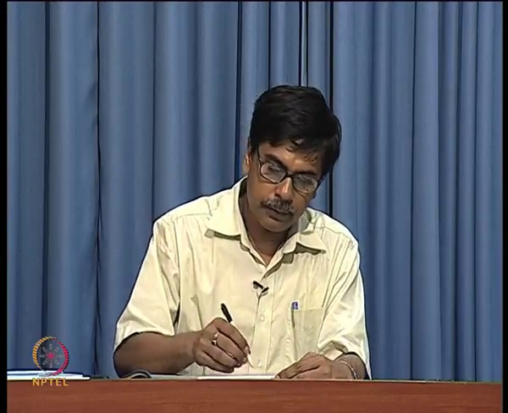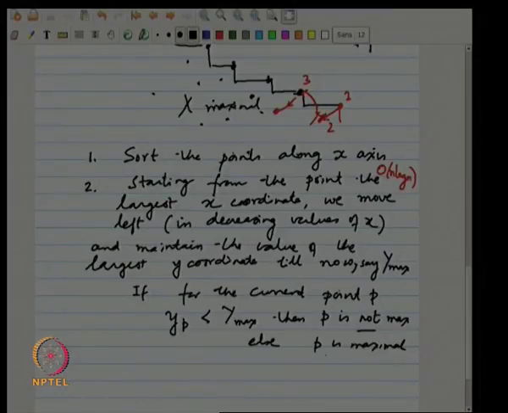In fact, I missed out something here. Else, if P is maximal, then we must update y max: it must now be set to the y coordinate of P, because that exceeds the previous y max. So the only change we have to make is this one value.